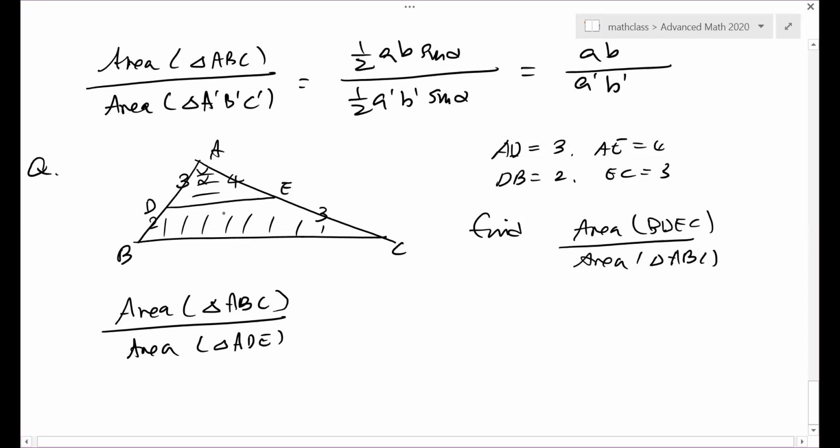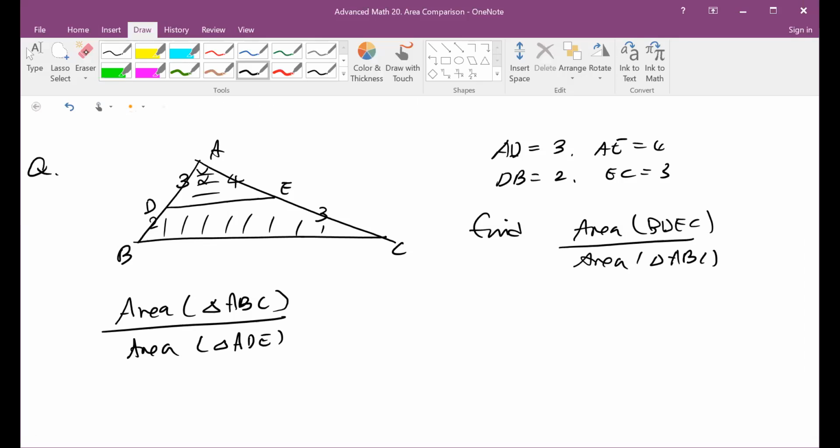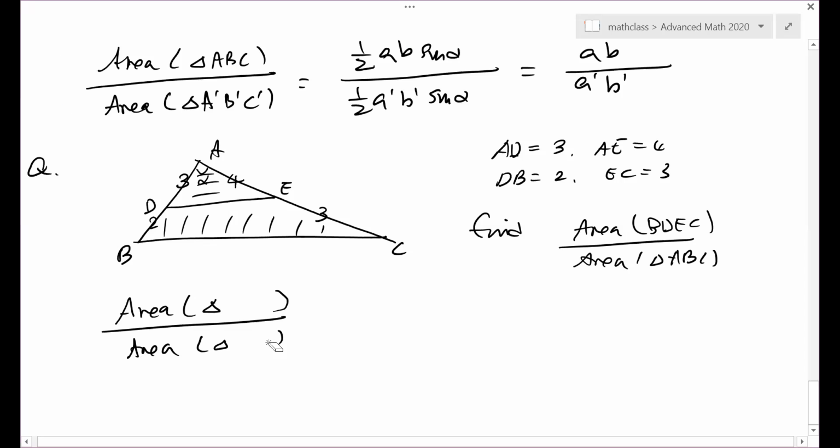The small one is ADE, the larger one is ABC. So this should be equal to 3 times 4 over 5 times 7, so it's 12 over 35.